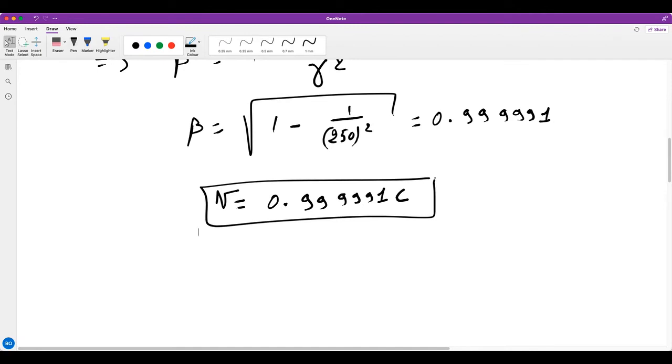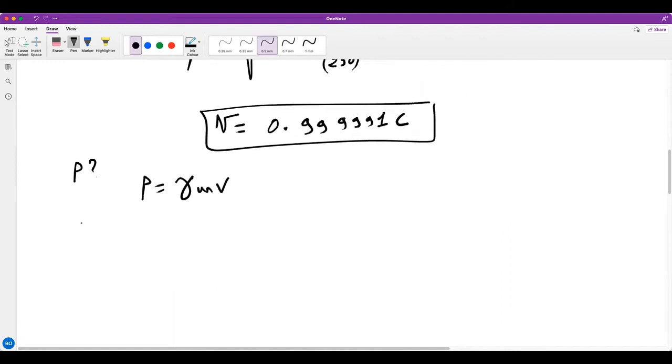Now the question is about its momentum. What is the momentum of the particle? Well, we know that the momentum is gamma mv, but there are several methods to calculate the momentum. One of them, since we have the total energy, is to use this famous equation that relates the total energy to the momentum and the energy at rest.